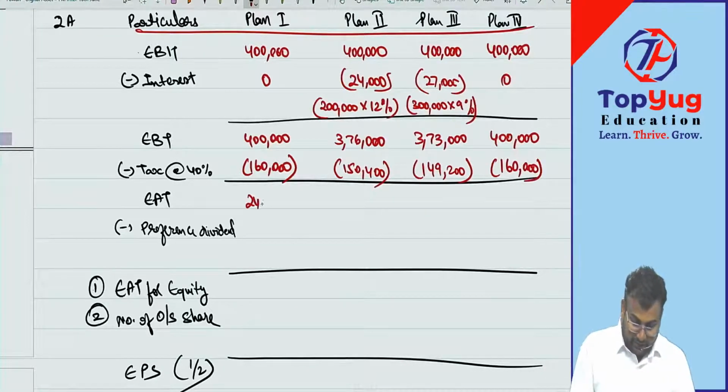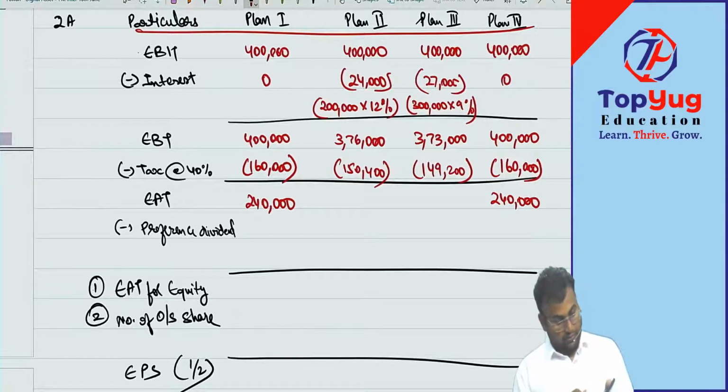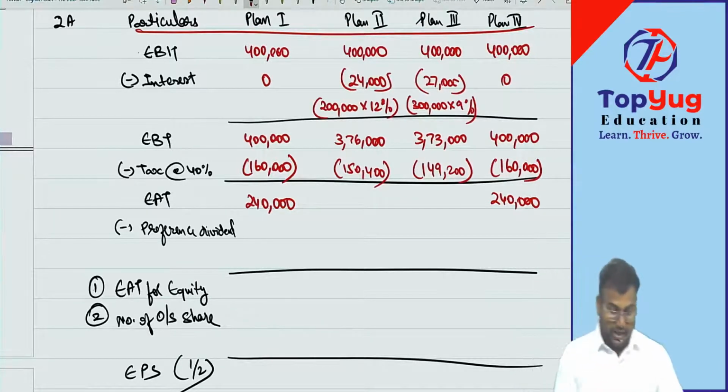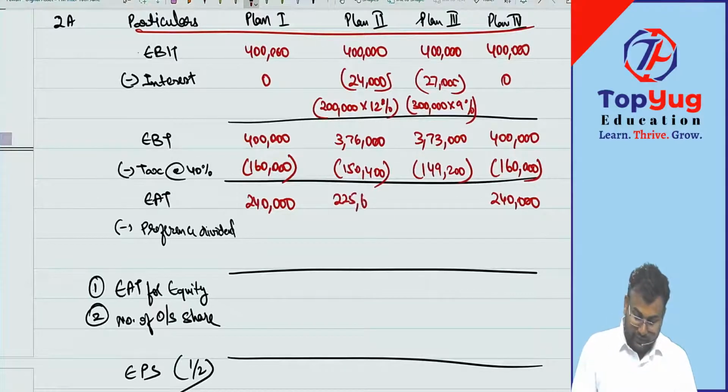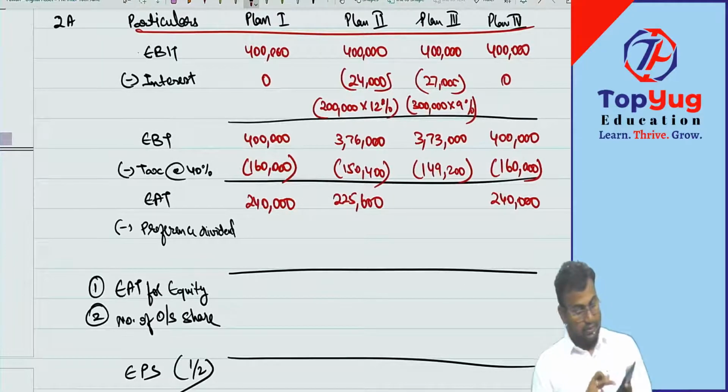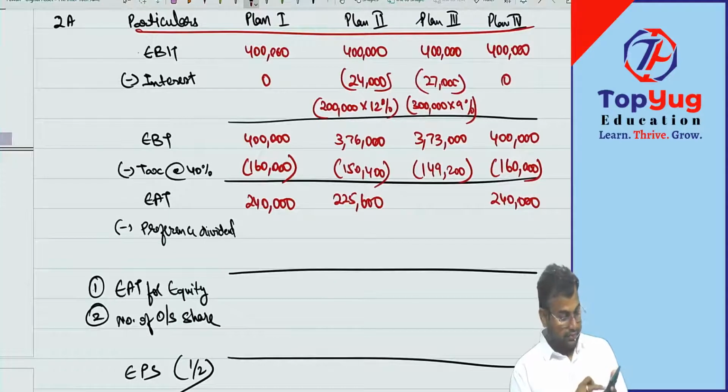So you have here we will have 2 lakh 40, and in the last one also we'll have 2 lakh 25,600, then 373 minus.